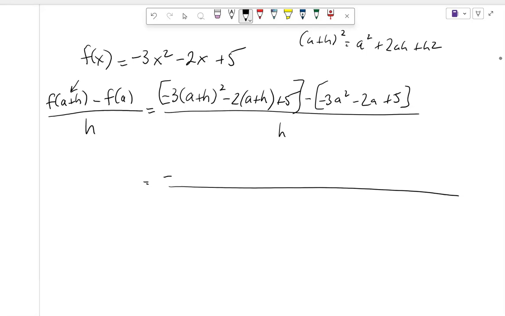So this will be -3a squared minus 6ah minus 3h squared. Because I got to take the -3 times that whole thing. We also need to make sure you distribute your -2 through.